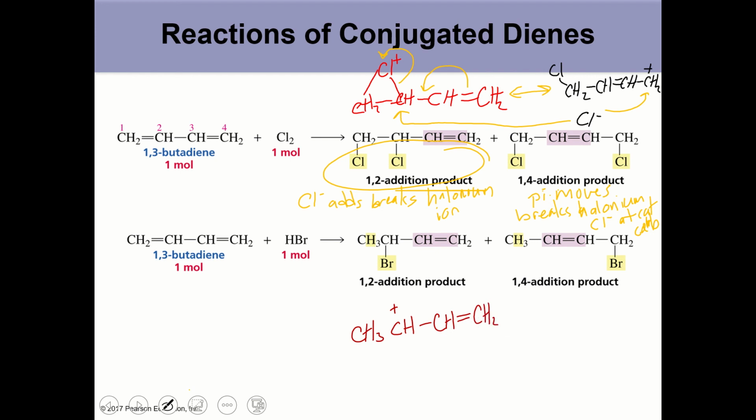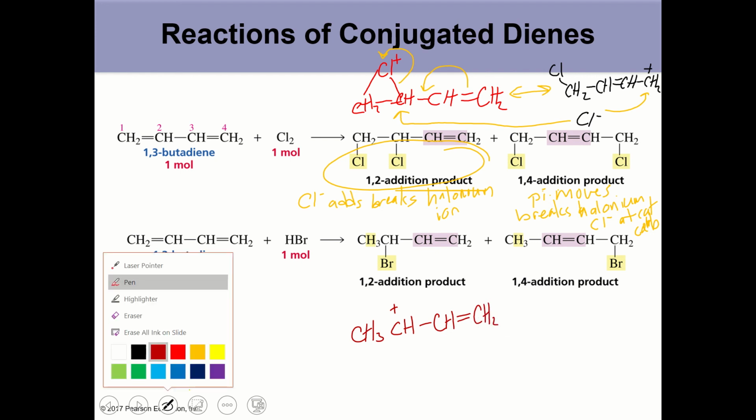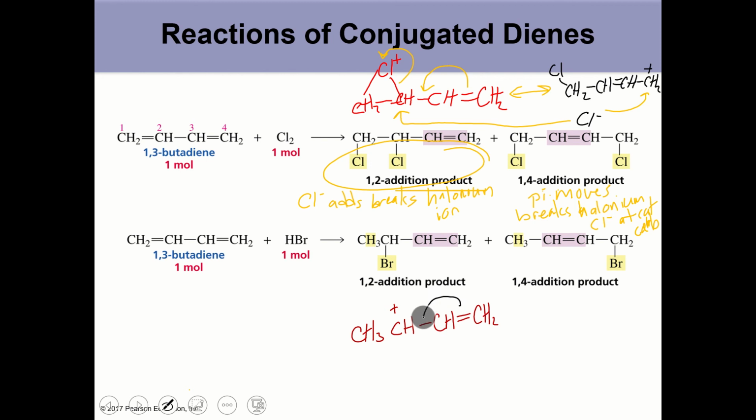But we know that an allylic cation has resonance, so I can move these electrons over and draw my resonance structure, positive charge.